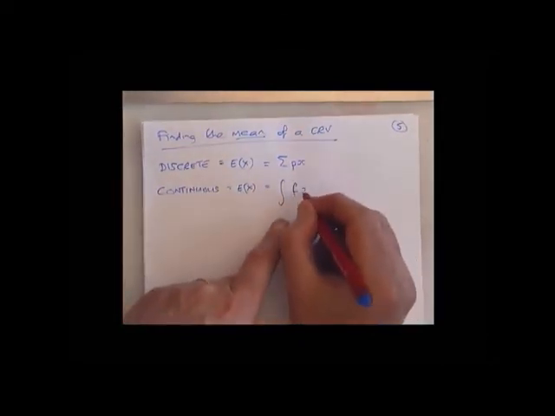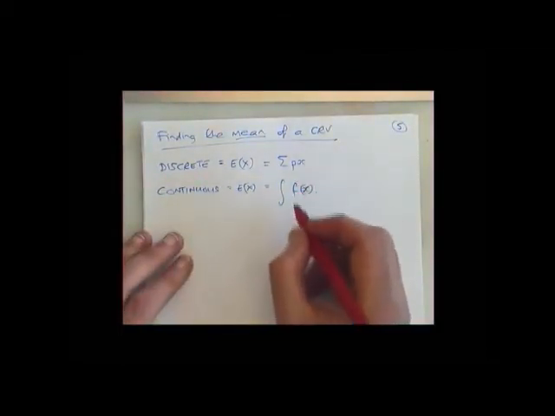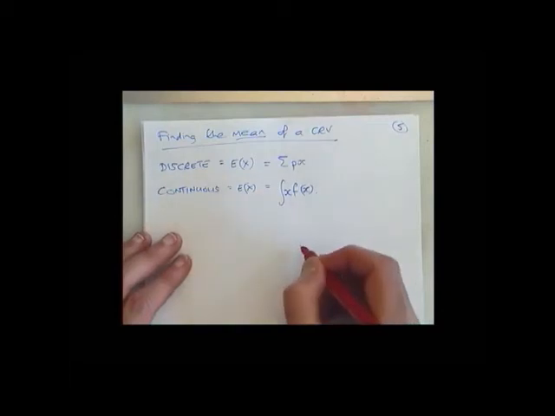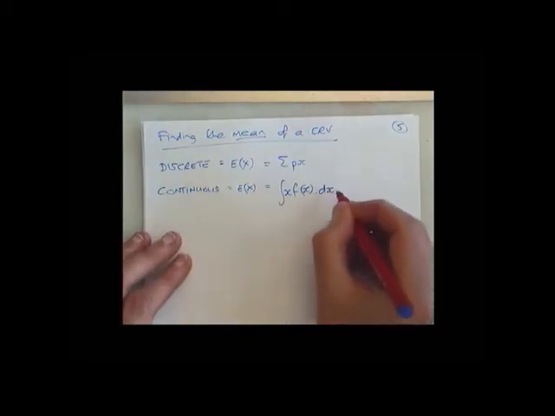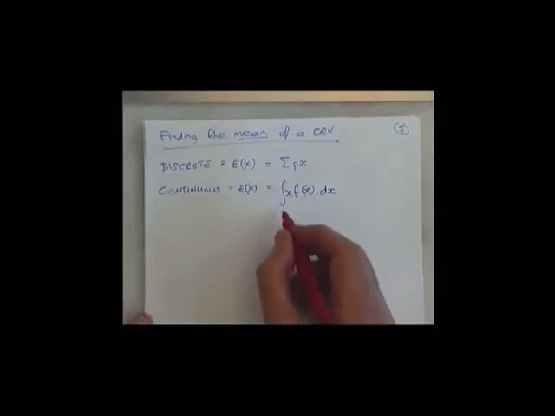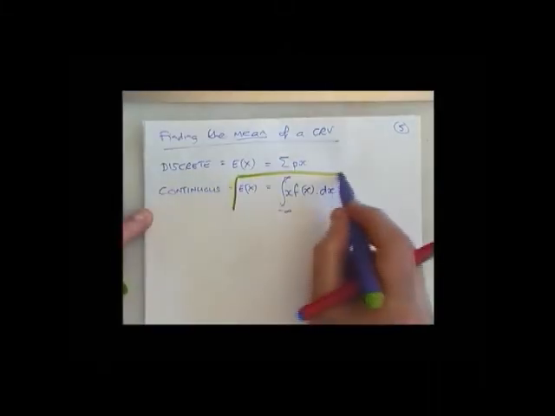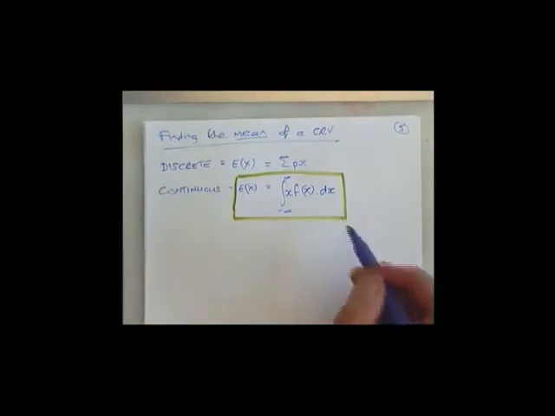And the x is still going to be there, normally put at the beginning. We're integrating with respect to x. But if we're integrating, we need some limits, and I'm going to put on here minus infinity and infinity. It's basically the extent of the values that you can take. So that is the formula for the mean when you are dealing with continuous data.